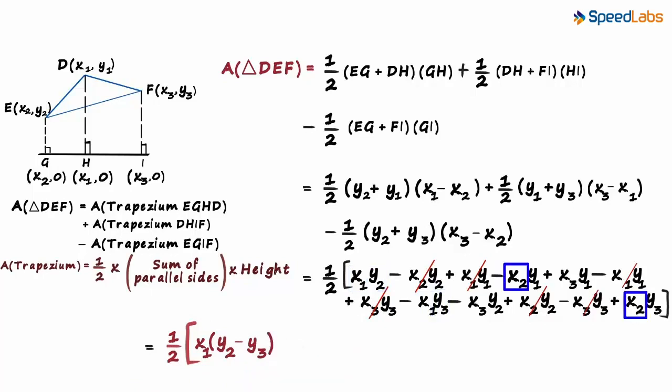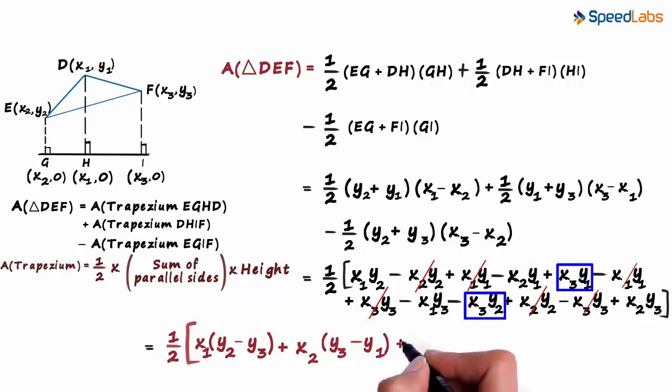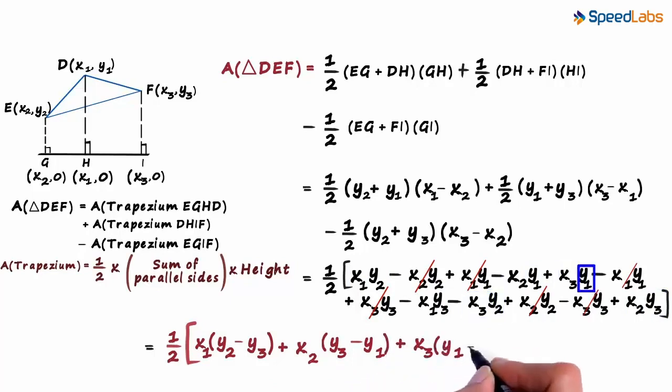Taking x2 common from these two terms, we write it as x2 multiplied by y3 minus y1. And taking x3 common from these two terms, we write it as x3 multiplied by y1 minus y2. This formula will give you the area of the triangle in terms of the coordinates of its vertices.